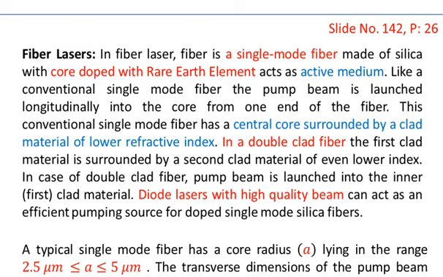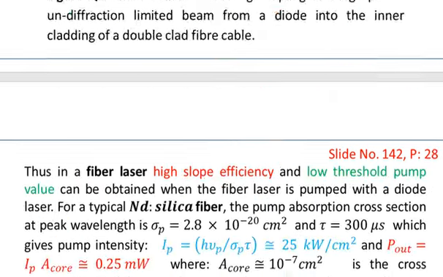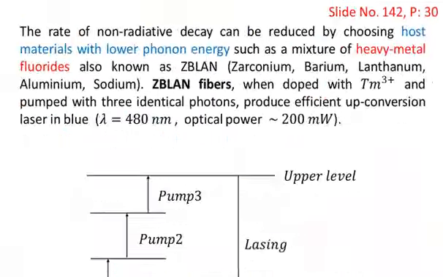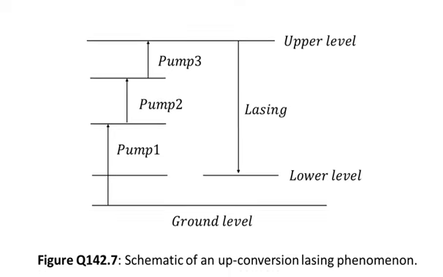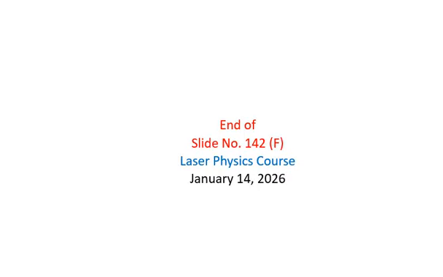And if you are using a ZBLAN fiber, you can have a different material as the host material. For example, the host material could be heavy metal fluorides. So the fiber laser has been explained briefly, and this is the end of part F of slide number 142.